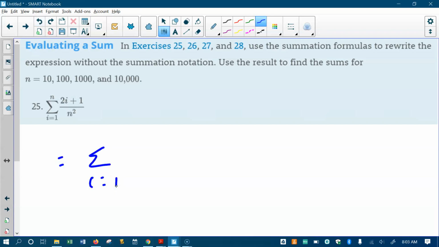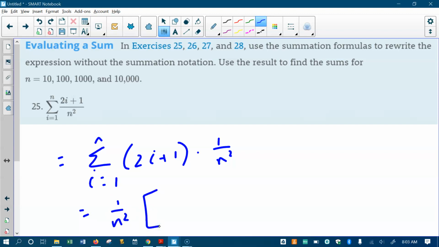Notice how in calculus it's just a lot of rewriting: the sum of 2i plus 1 times 1 over n squared, because that 1 over n squared ain't doing anything. And remember, it's not dependent on i. In fact, if I want to, I could take it out of the summation so it's less confusing. And I could break up that summation again.